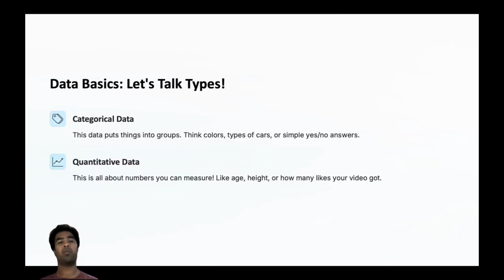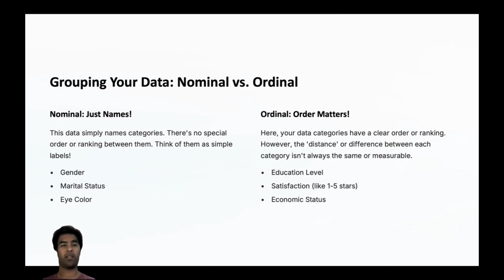There are two types of data: categorical data that puts things into groups, and quantitative data that is all about numbers you can measure. For categorical data, there are two types, nominal and ordinal. Nominal pretty much means they're named categories.